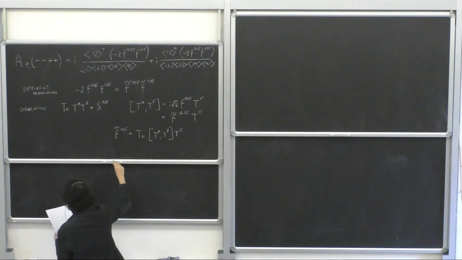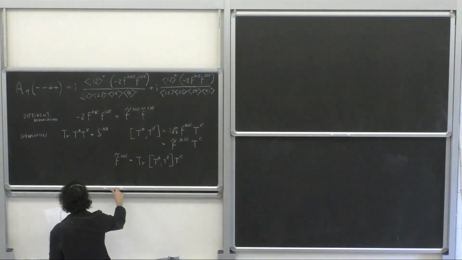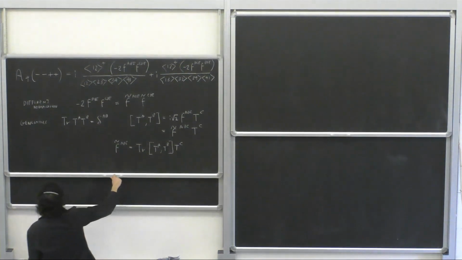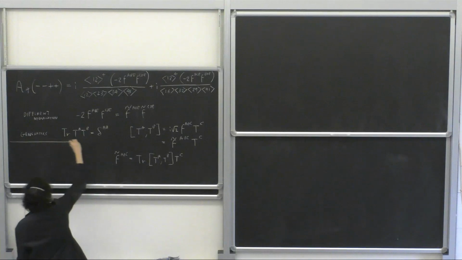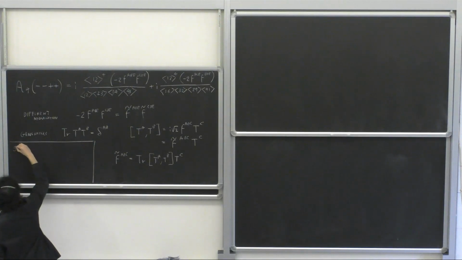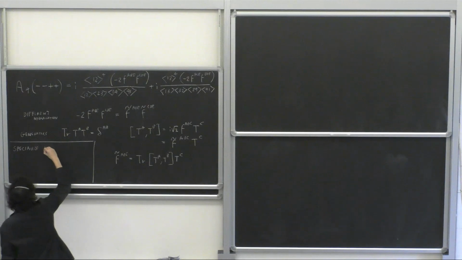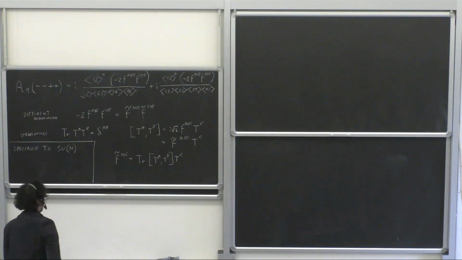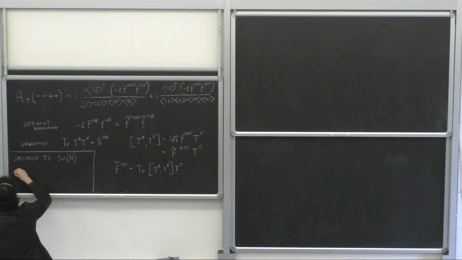Okay. The reason for the choice of this normalization being that this comes without any multiplicative factors, together with the fact that we will specialize to SU(N), and employ the completeness relation, which is the following.